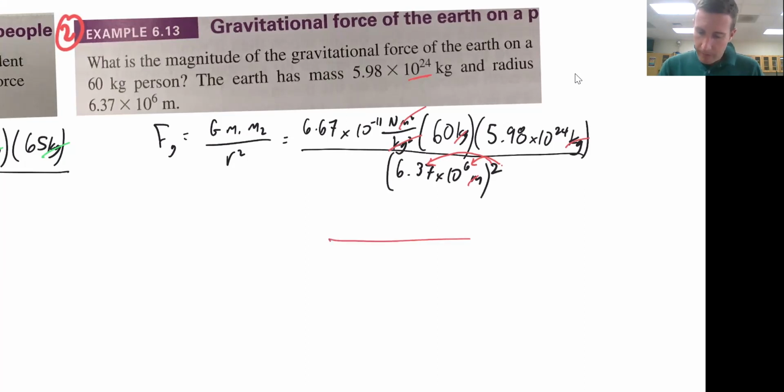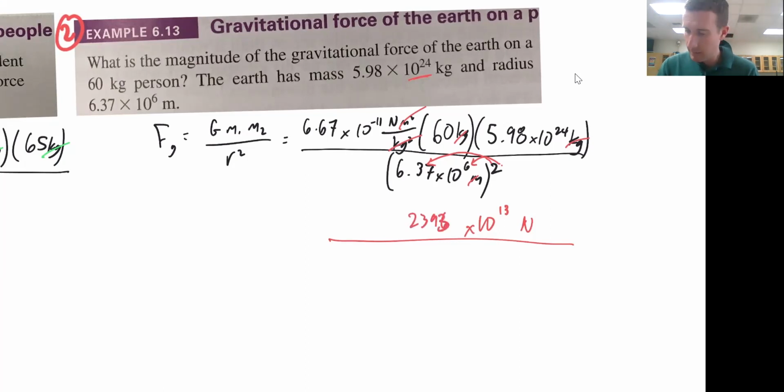So that'll leave me with, on top, 10 to the -11 and 10 to the 24 will be 10 to the +13 newtons times 6.67 times 60 times 5.98, 2,393.